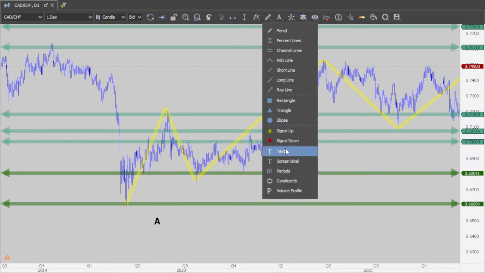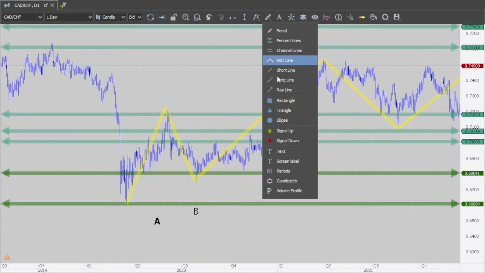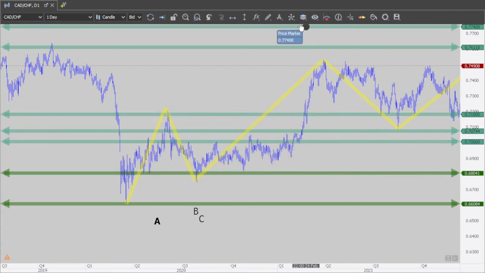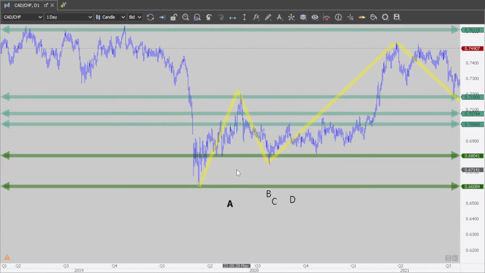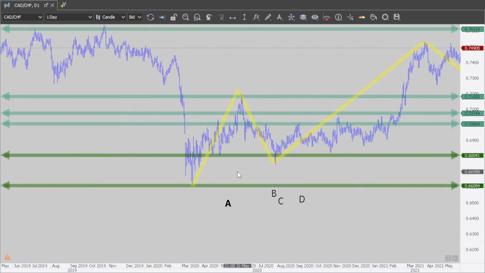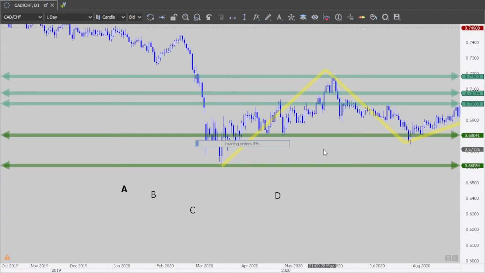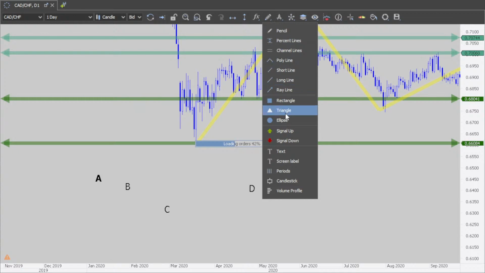So this is our A, in here we are going to have our B, and in here we have our C, and then we have our D. A, B, C, D. Tell me, everybody, if this is my first time charting the Fibonacci's, and this is Canada CHF daily chart, where should I start drawing my A?